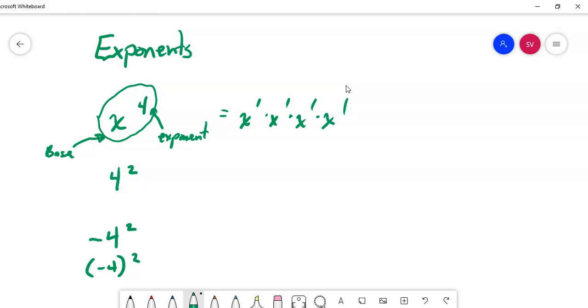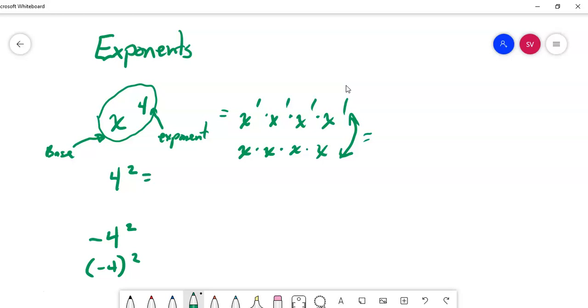Now, since it's assumed that there's an exponent of 1, we could rewrite this as x times x times x times x. This and this are the same thing. So that's basically how an exponent works.